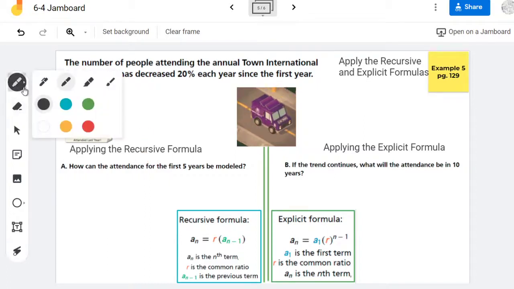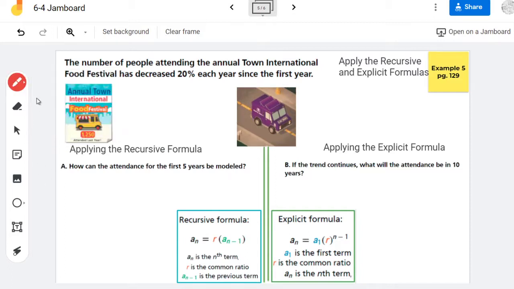So my first goal here with the recursive formula is to find what my common ratio is and what my initial amount is. So in this case, my common ratio is going to be how many people are attending that year by percentage. Okay, so you might recognize that this is an exponential decay function.